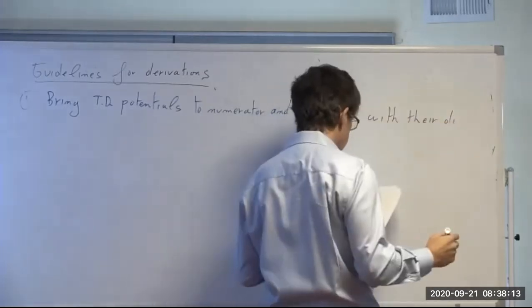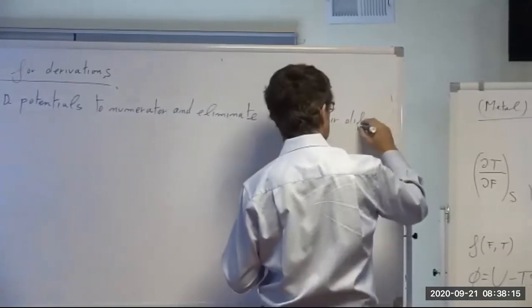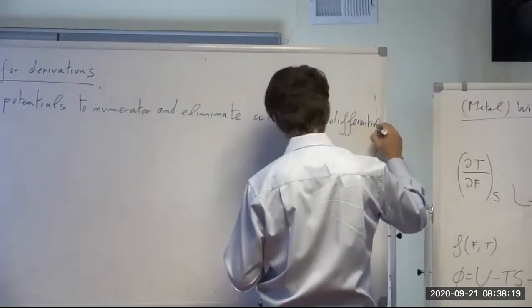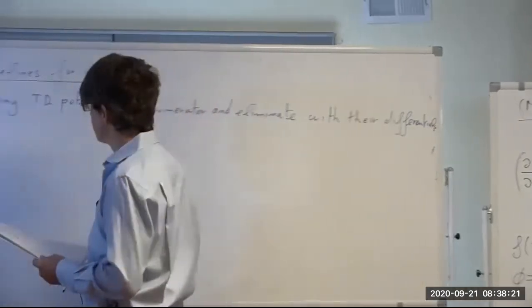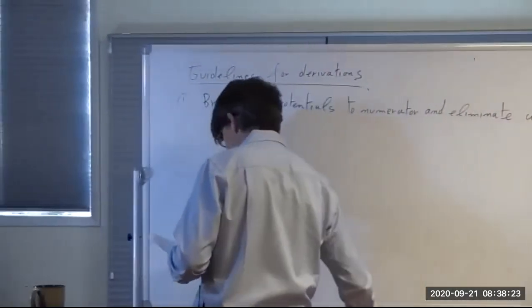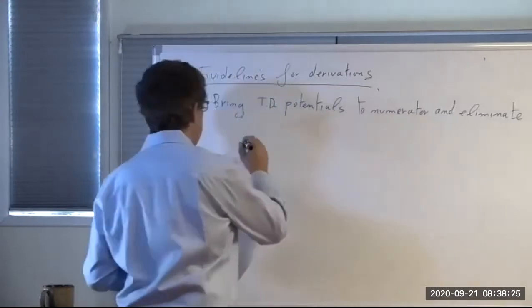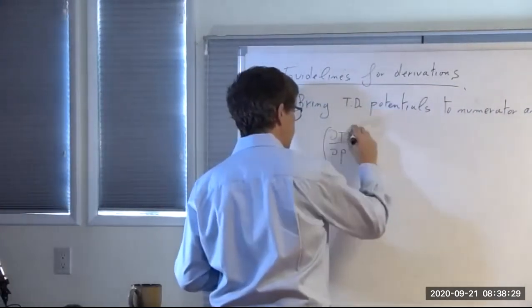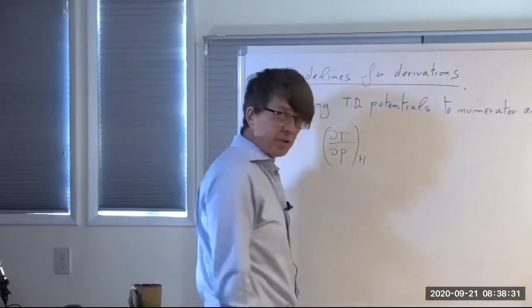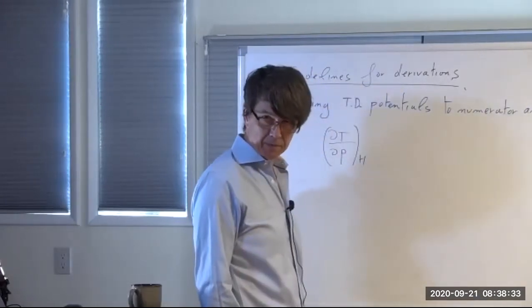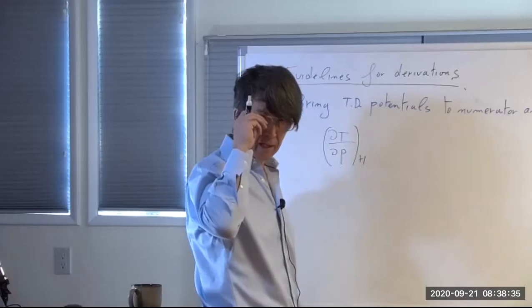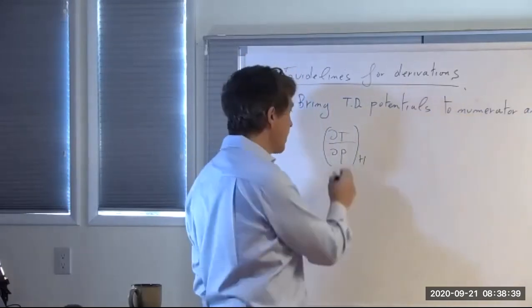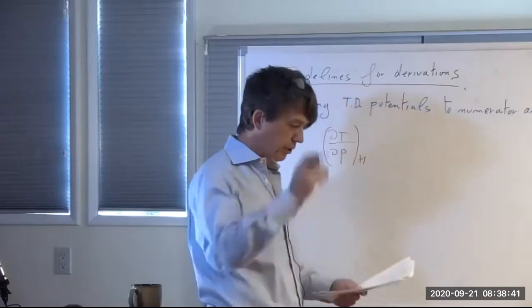And the reason is that their differential contains variations of typically physical properties. So let me give you an example. If I asked you to calculate dT/dP at constant enthalpy, remember this is the Joule-Thomson expansion, right? We ran something through this valve. We decided that it had to be constant enthalpy, and we asked what's the change of temperature with pressure.